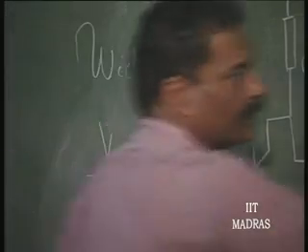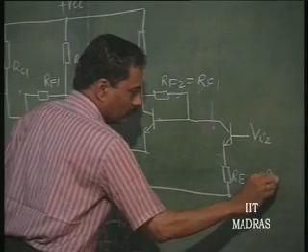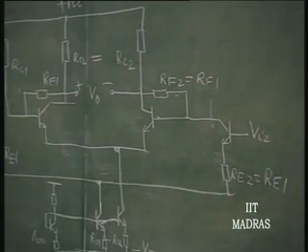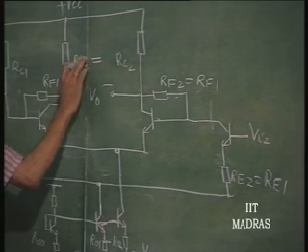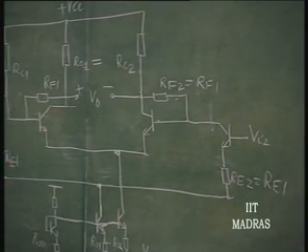Okay, this RF1, RC2 equal to RC1, so that these are identical.